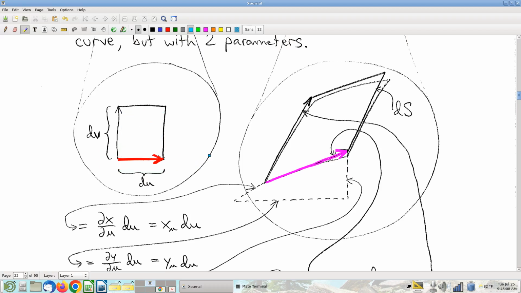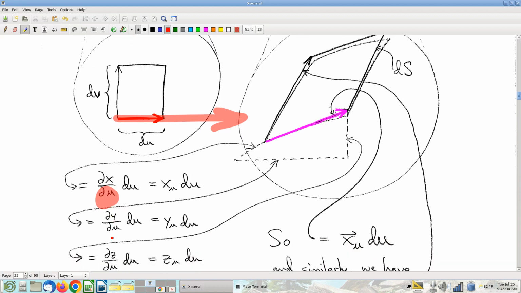And what happens as I move along this red line? Well, there's two things I can say about it. For one thing, as I move along that red line, I am moving in the u direction. And so any derivatives I'm going to be talking about will be partial derivatives with respect to u, because v is constant. Everybody on board?